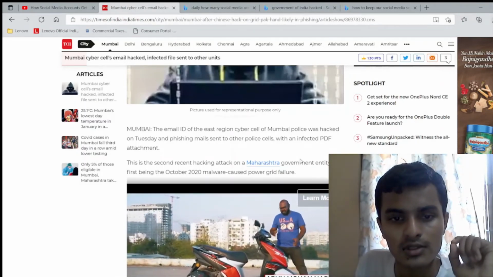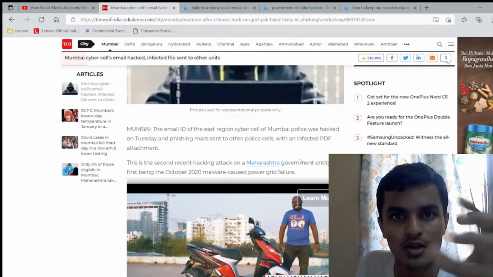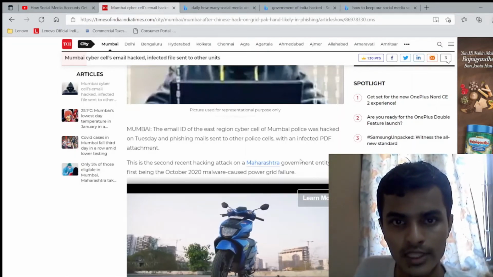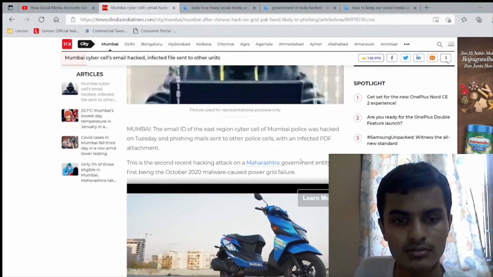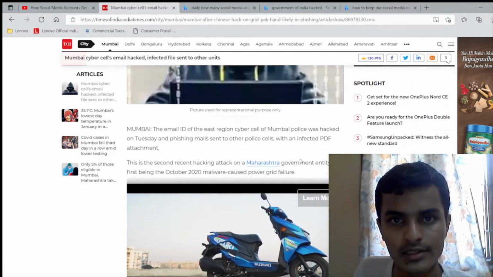After they got into the power grid, which is the main system, like the main switch of our house supply, they went inside the system and got access to it.